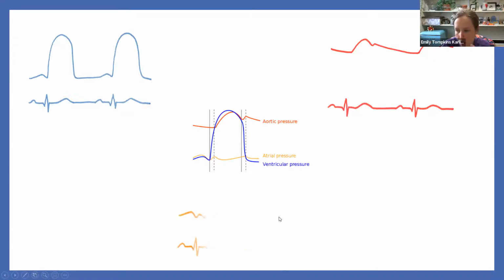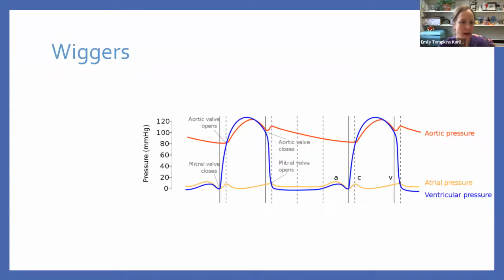So when we look at the Wiggers diagram, the top part with all those different lines going all over the place is really just these three pressure tracings superimposed on each other, as if you had a catheter in the aorta, in the left ventricle, and in the left atrium at the same time, and you watched what was happening to the pressures in each chamber. That's half the battle of understanding the Wiggers diagram.